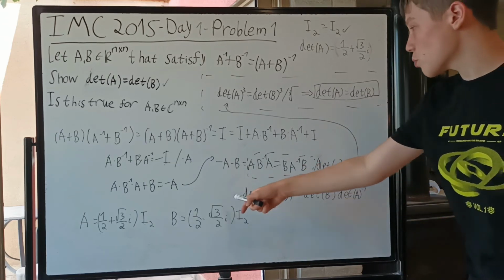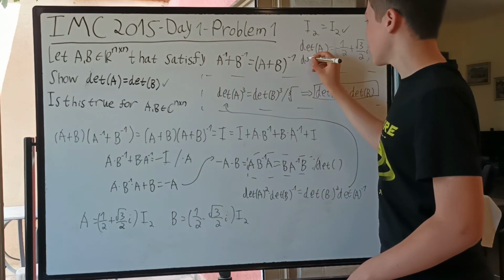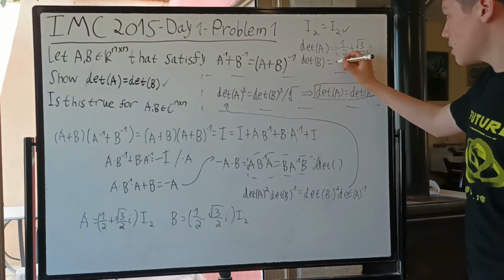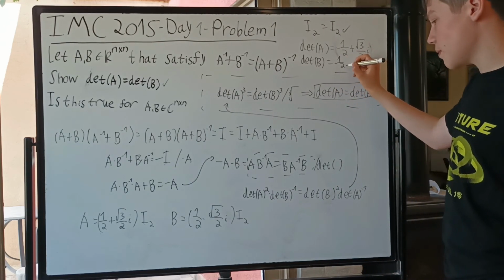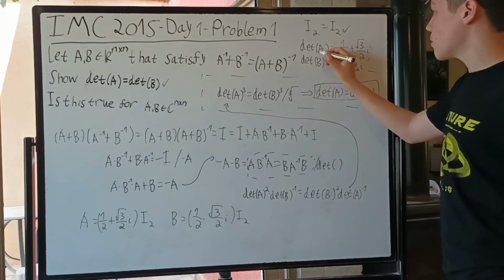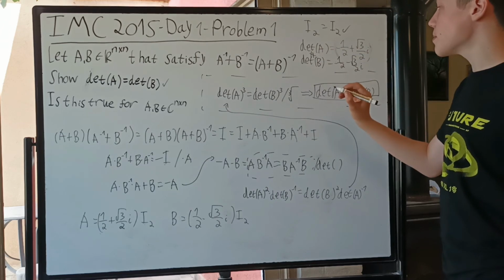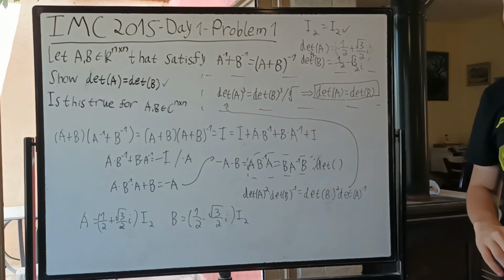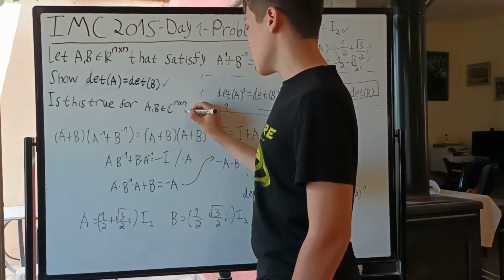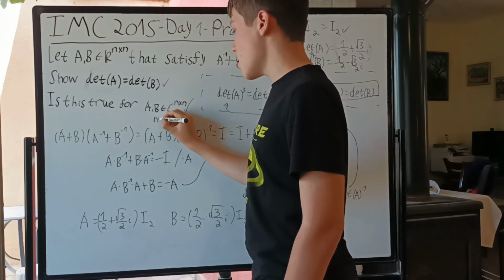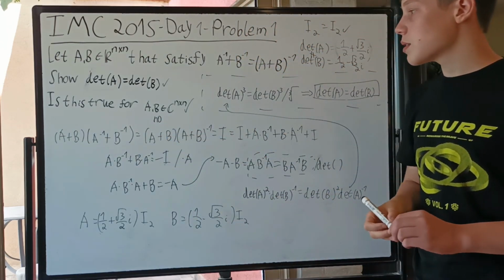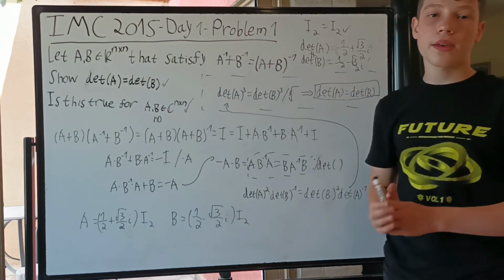And if we square this number, what you get is -1/2 minus root 3 over 2 i. So these are different, yet this condition is satisfied. So for complex matrices, the answer is no. And so we solved this part and this part, so we solved the entire thing.